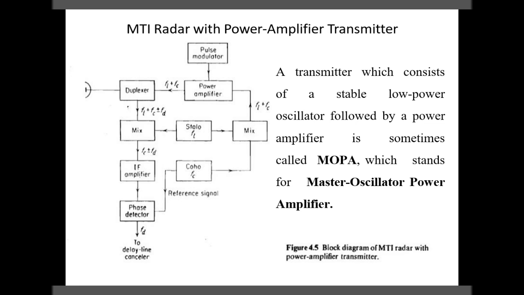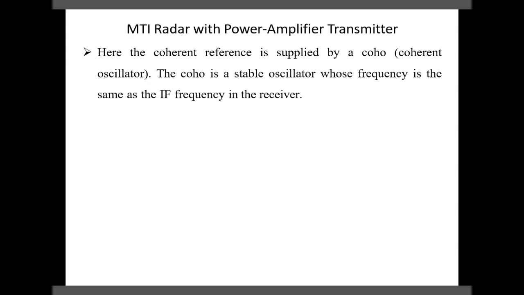A transmitter which consists of a stable low power oscillator followed by the power amplifier is sometimes called a MOPA, which stands for Master Oscillator Power Amplifier. So here the power amplifier and the oscillator are there in the transmitter. Here the coherent reference signal is supplied by the COHO, that is the coherent oscillator.